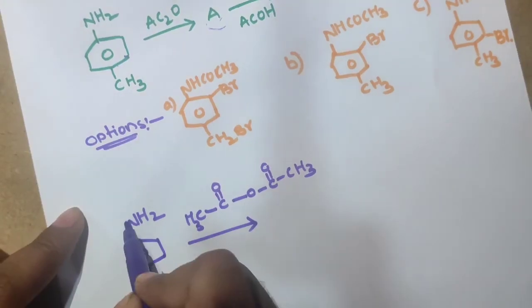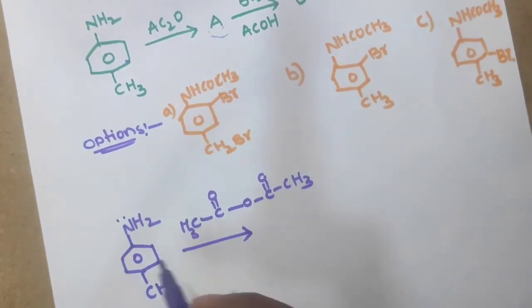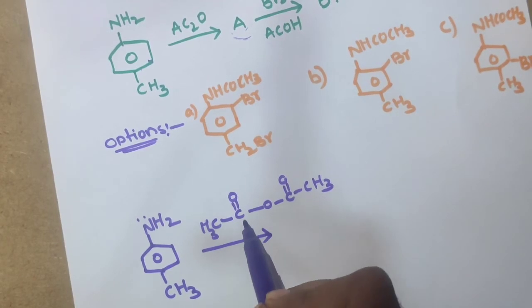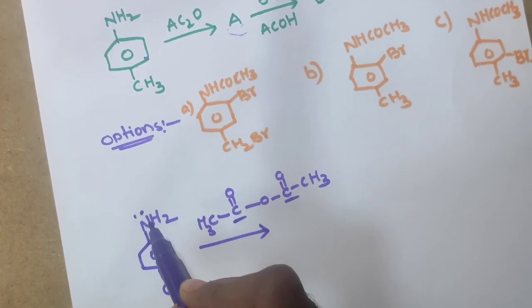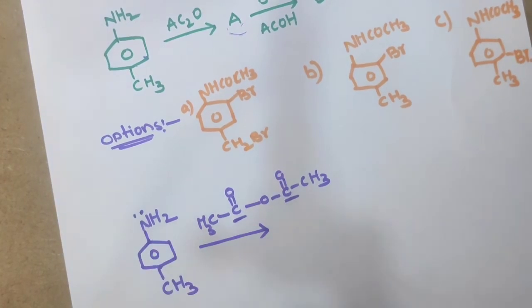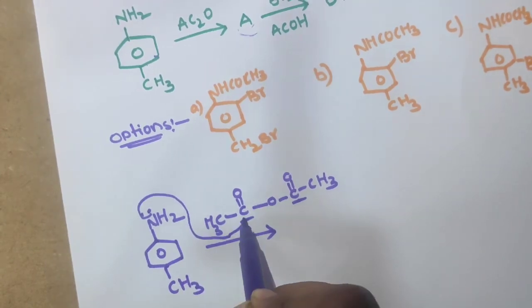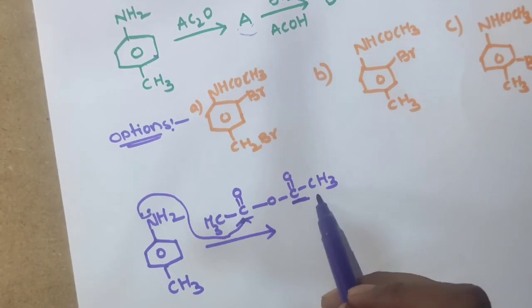Here firstly, this acetylacetone acts as an electrophile. See, we have two carbonyl sites and we have an electron pair on this nitrogen. So this will attack at this carbon or at this carbon, because both sides have the same effects.